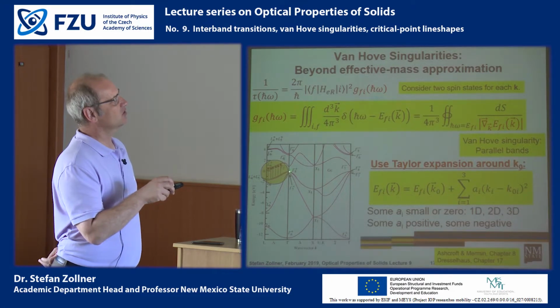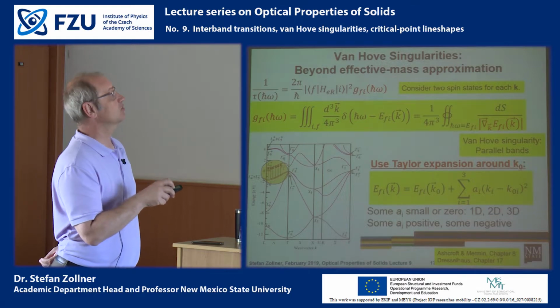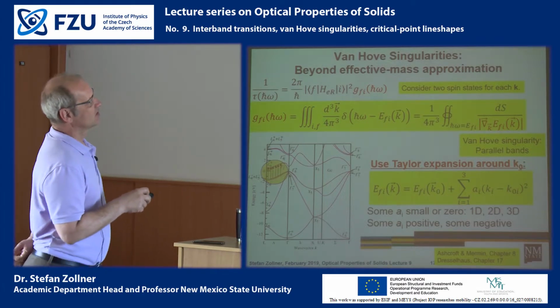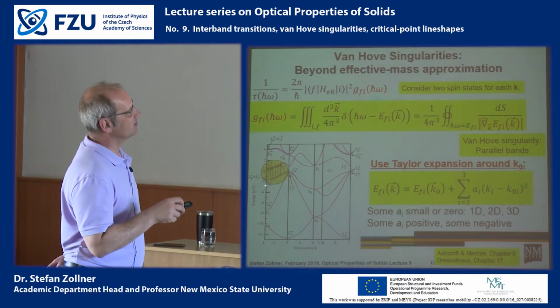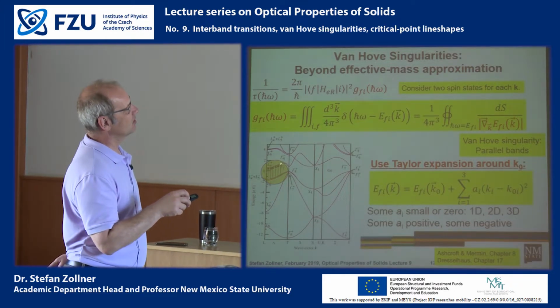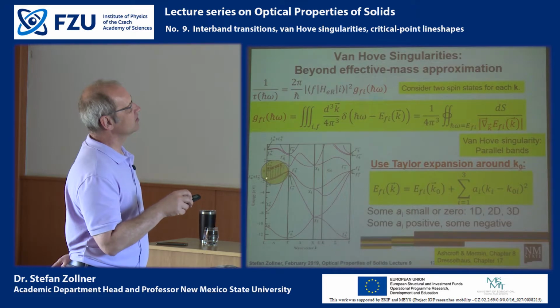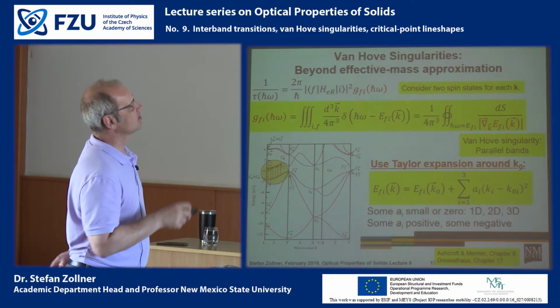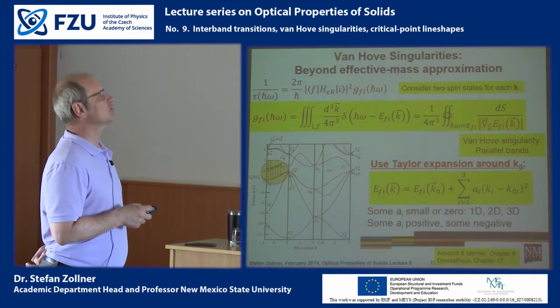And we also talked about direct transitions, which would occur at the gamma point from the valence band to the conduction band. But what you'll notice here is that the valence bands are almost parallel to the conduction bands for most of the gamma L direction in the Brillouin zone.